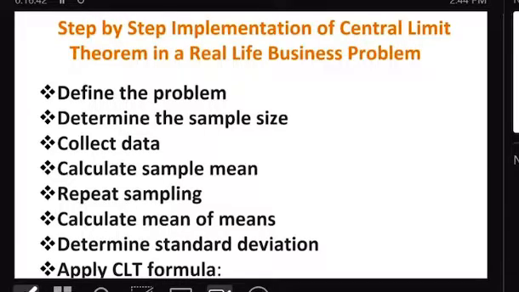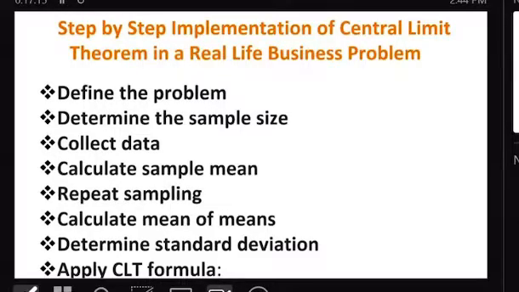Before I get into this, I remember the other time I demonstrated the significance of the law of large numbers in a real-life practical situation. The central limit theorem also has application in real-life practical situations. And of course, that is what I want to demonstrate now.